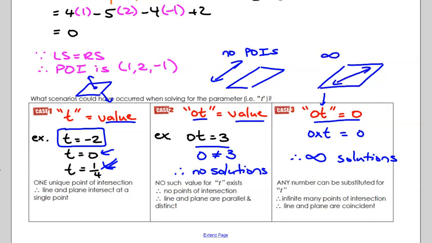So this one is infinite points of intersection. So really all we have to do in any of these cases, do the dot product, see if your line and plane are parallel, and then just check out the t. And if the t value is any of these three cases, then you've already narrowed down which of the three cases the intersection is.